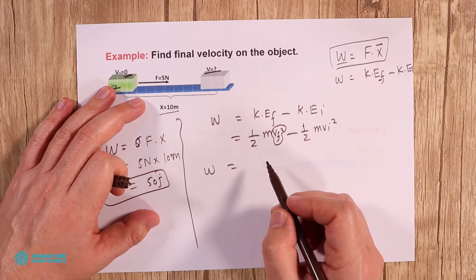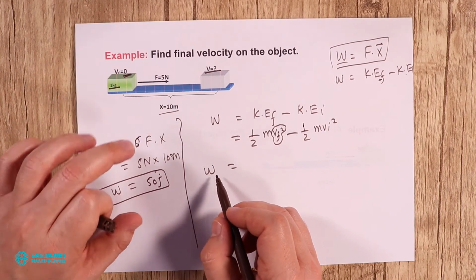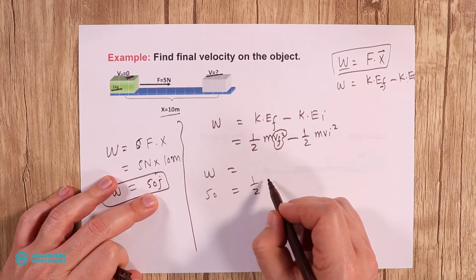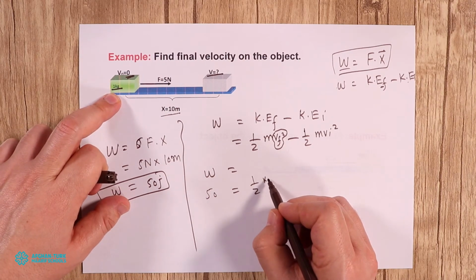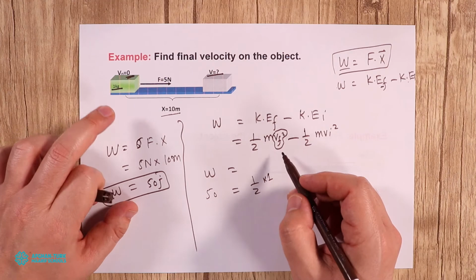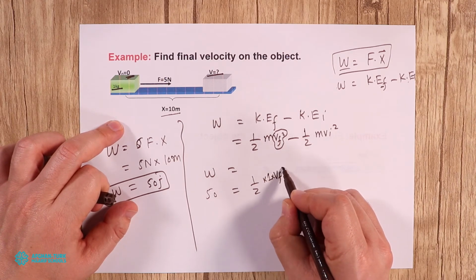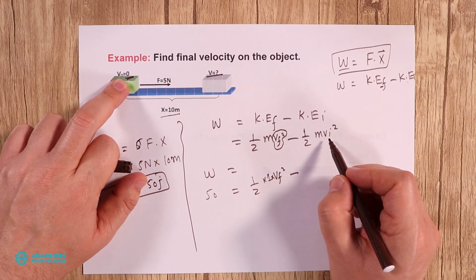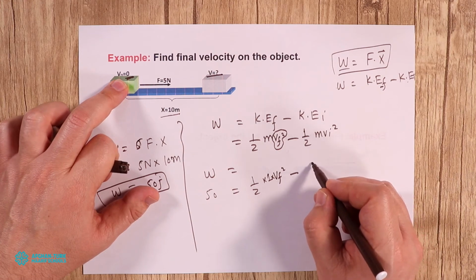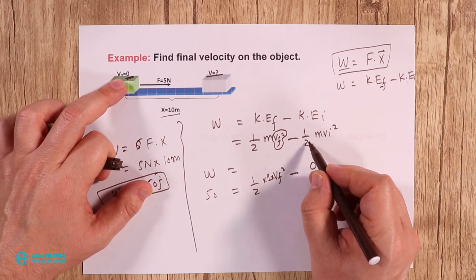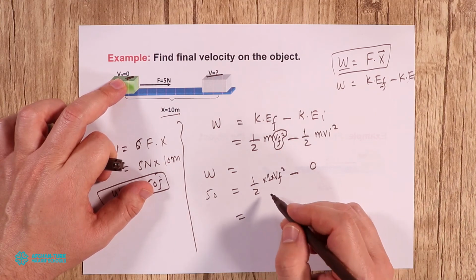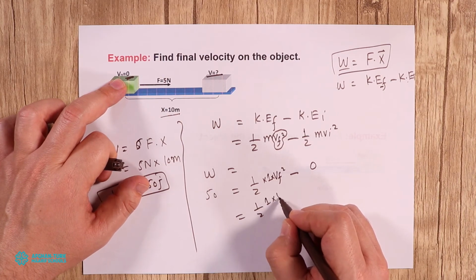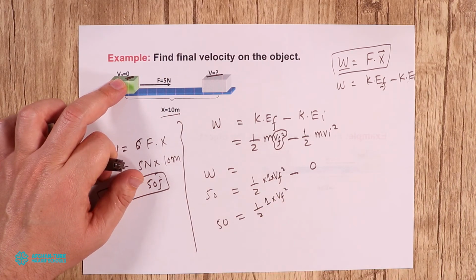Just putting in the values, work is equal to 50 joule, equal to 1/2, mass is 1 kilogram, multiplied by v_f, which is unknown, minus 1/2. Because the initial velocity is equal to 0, this part is equal to 0, since 0 multiplied by anything is 0. So 1/2 multiplied by 1 and multiplied by v_f squared is equal to 50.